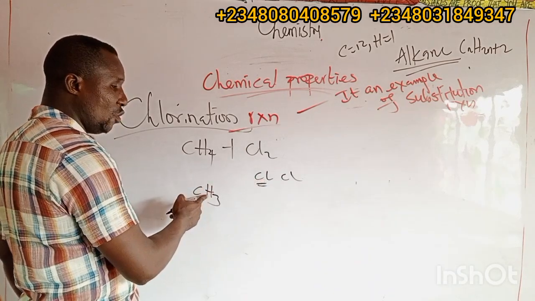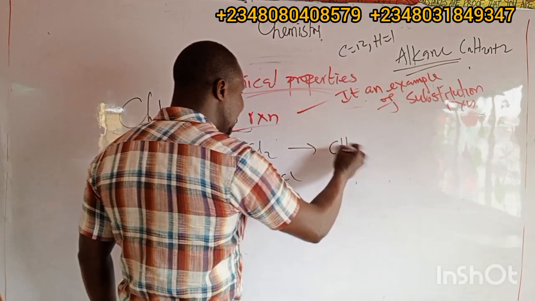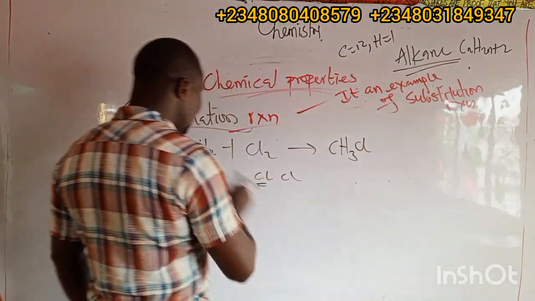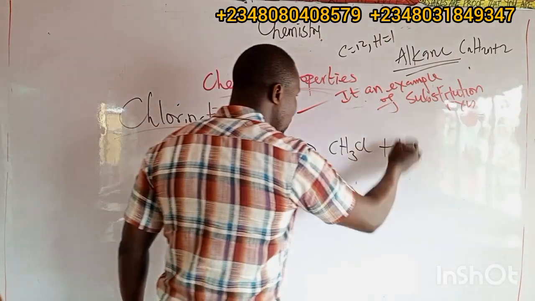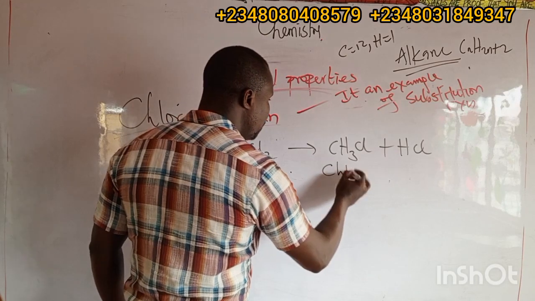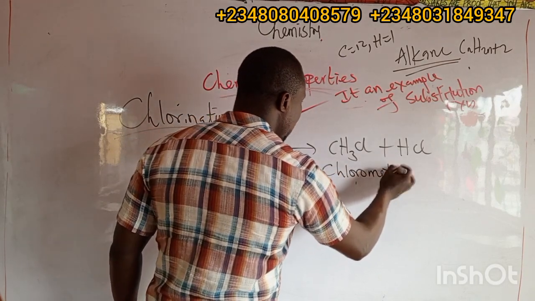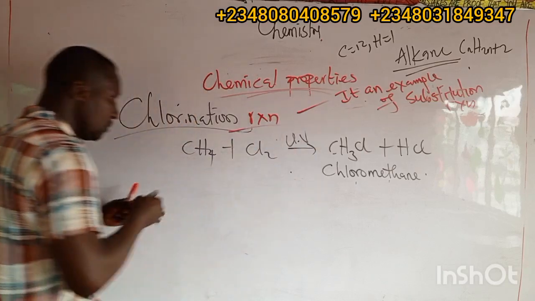Then this one and this one combine. That is the termination process. We have CH3Cl. Then the hydrogen lost combines with the second chlorine to form HCl. This one is chloromethane.